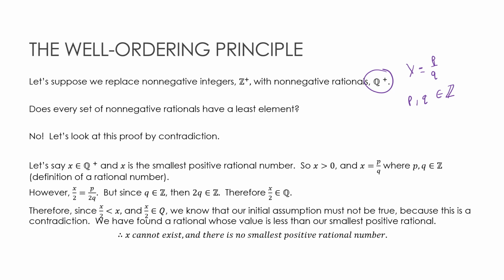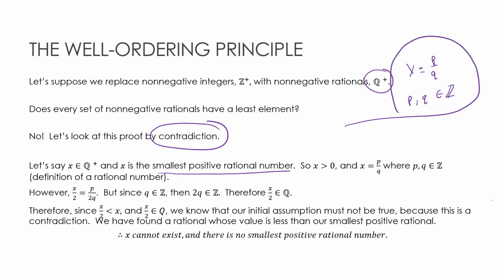Here's why. This is another method of proof by contradiction. Let's say I've got some value x that I'm saying is the smallest positive rational number. So again, according to my definition, which I've essentially recopied here, I'm saying x is greater than 0 because it's positive, and x can be written as p over q, where p and q are both integers.